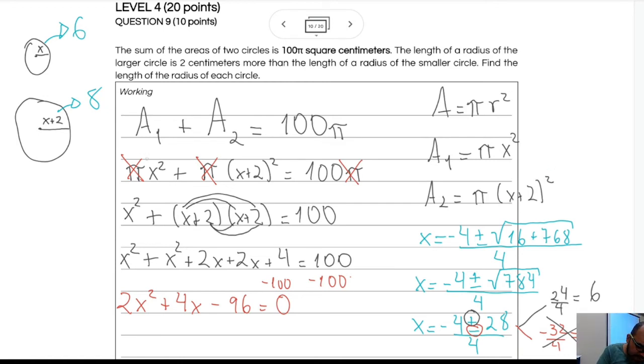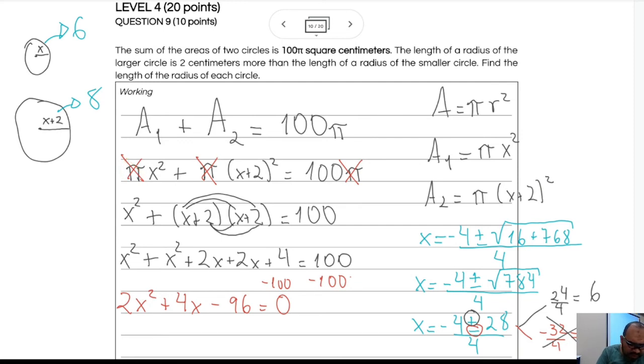Now, the first one: pi x squared plus pi (x plus 2) squared equals 100 pi. Guys, pi is a common factor, yes, and pi is also on the right-hand side, so goodbye pi. I don't need pi in this case to solve my problem.